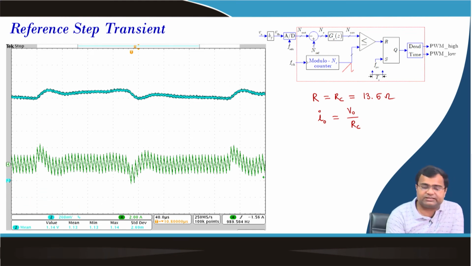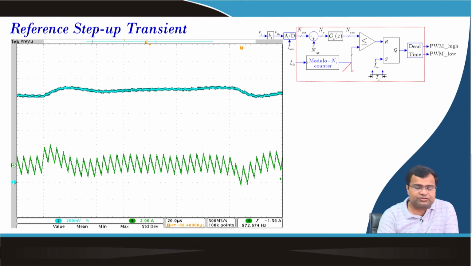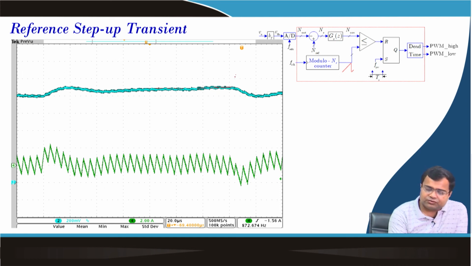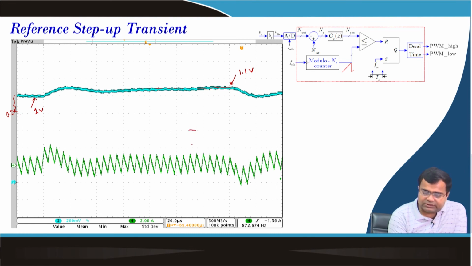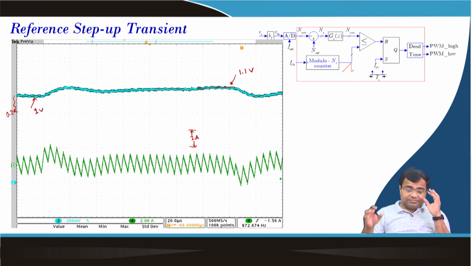So, this is step up and step down, and if you go to the zoomed version of the step up transient, it is roughly around, not exactly, it is reaching here. This voltage is 1.1 volt and this voltage is 1 volt, because this axis is 0.2 volt per division, since we are talking about the voltage axis, and on the current axis, this to this is our 2 ampere, and our ripple is also more or less 2 ampere.